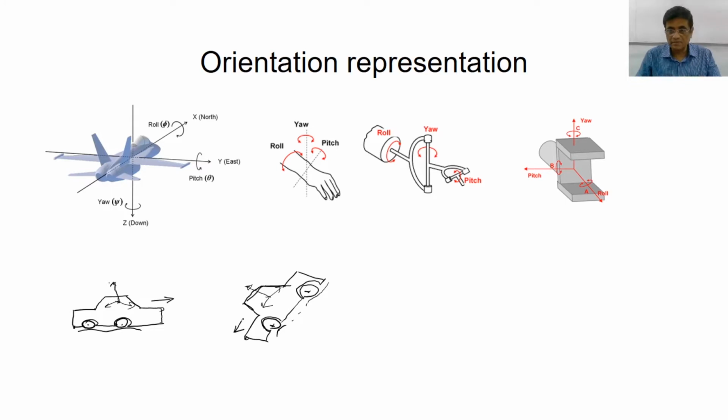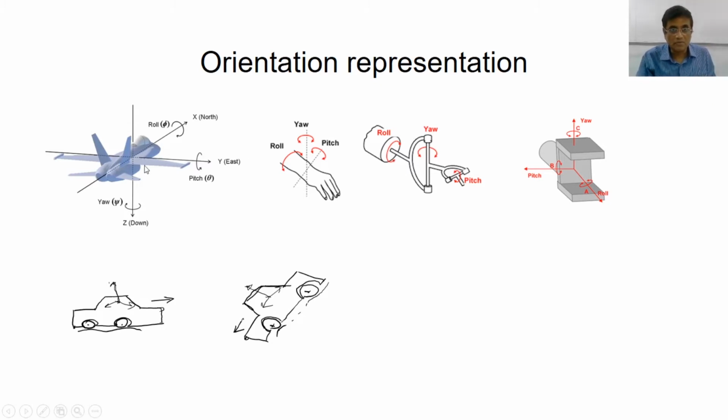This description of the orientation of the wrist, or of the aircraft, or of the robot wrist, is extremely needed, because if we can describe it, if we can have a model, then we can control.